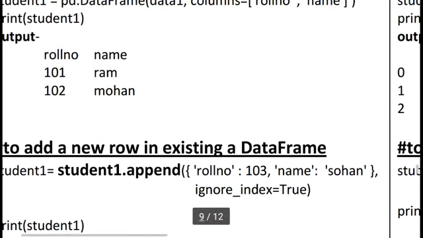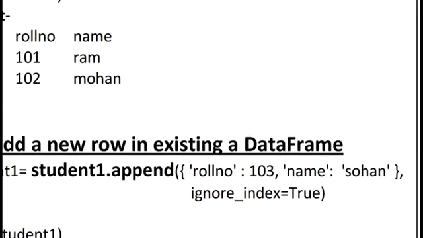And square bracket, then a small bracket open, because here I am using dictionary concept. So here I am using roll number, the new value is 103, comma name, the new value is Sohan. So curly brace is important because I am using a dictionary concept. Because using dictionary concept we can easily add a new row.